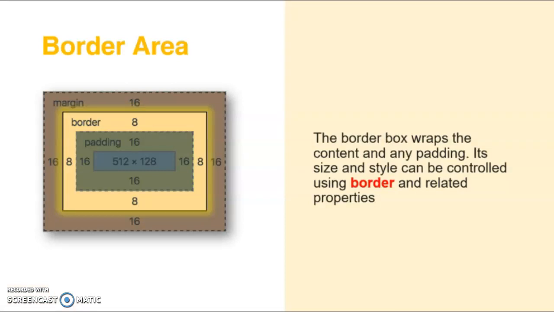The border is drawn between the margin and the padding of a box. If you are using the standard box model, the size of the border is added to the width and the height of the box. If you are using the alternative box model, then the size of the border makes the content box smaller, as it takes up some of that available width and height.